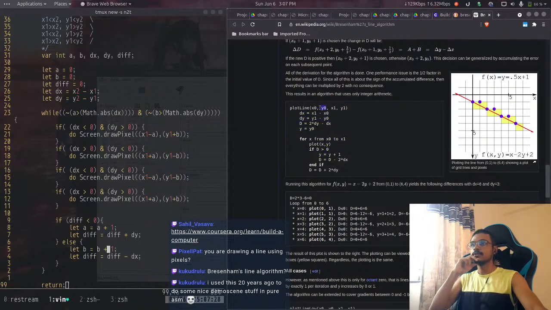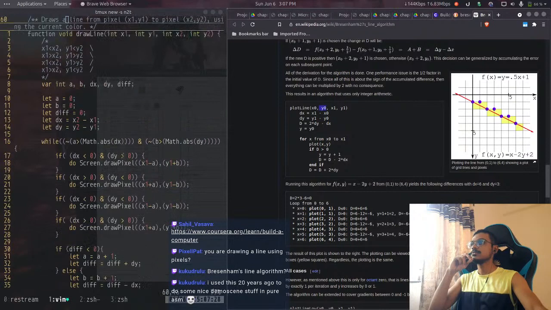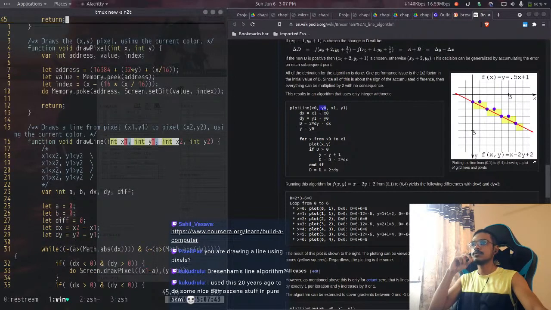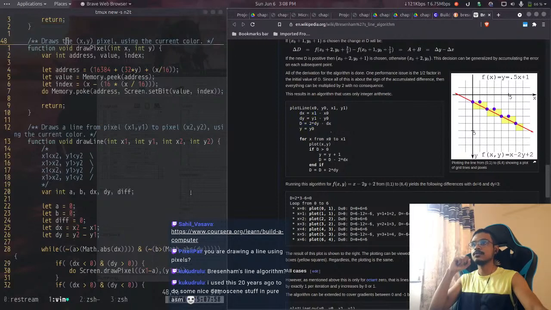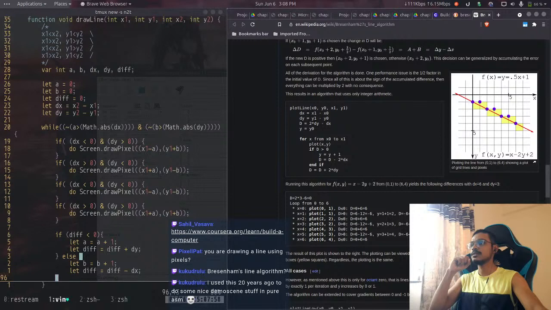Plot line, yeah, this is almost similar to this. We are given x0, y0, x1, y1. Calculating dx, x1 minus x0. Yeah, that's what I'm doing. Now what's this? D is equal to 2 dy minus dx, I think. How is it?